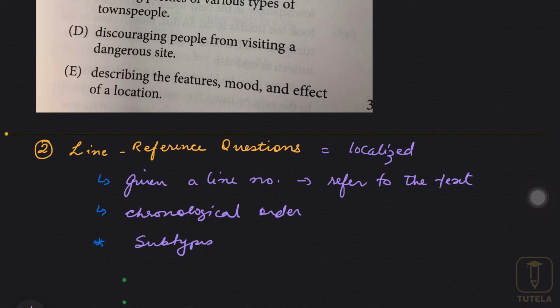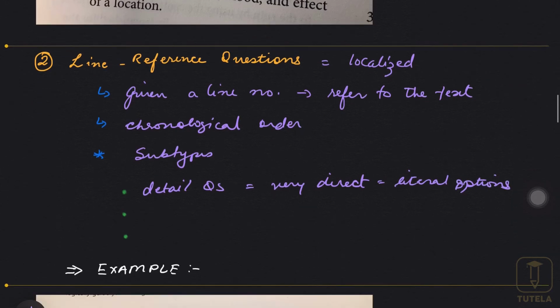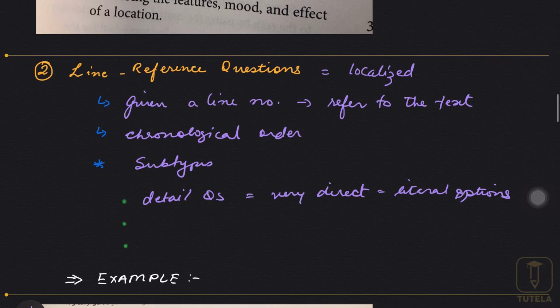The first type is called the detail questions. These questions are very direct. They actually have literal options. So, of course, each such question will be further explained and elaborated when you start working on the passage as a whole. The second type is called the vocabulary in context.